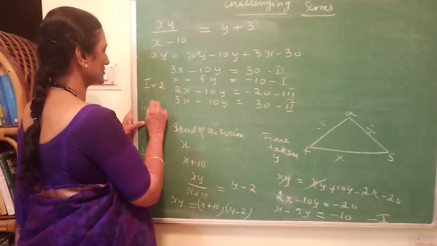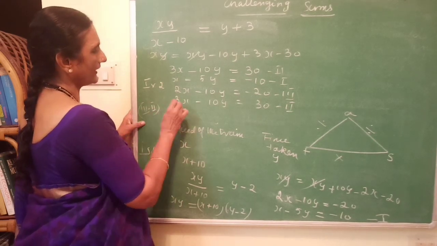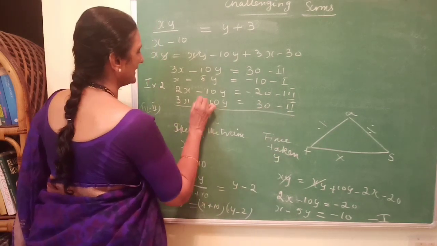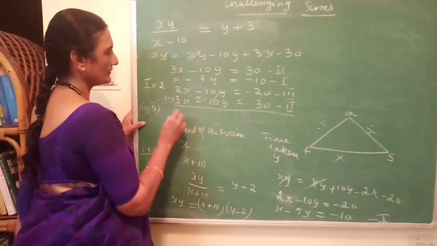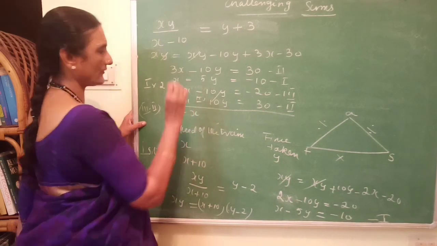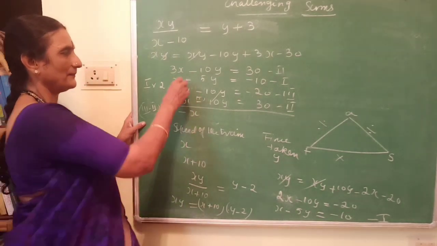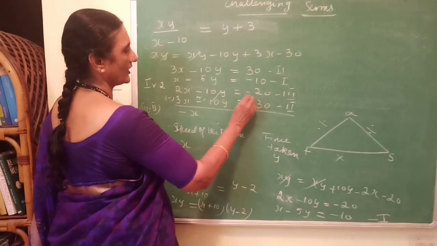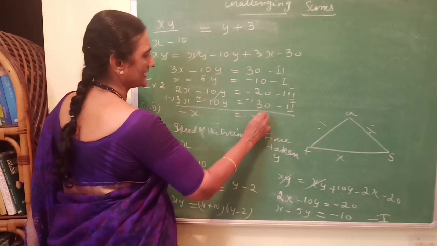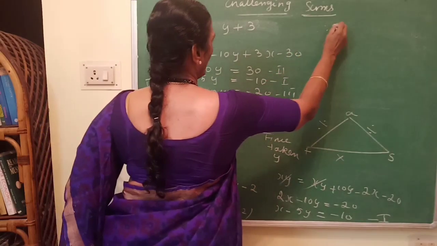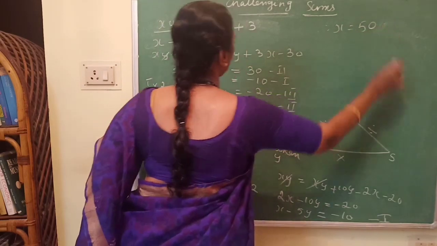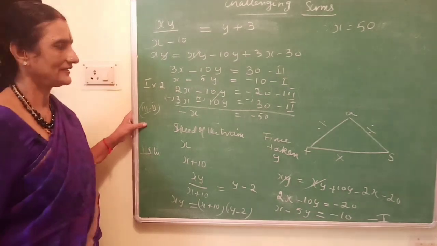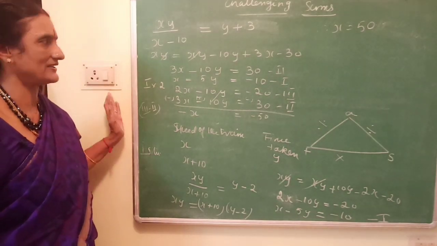Subtracting, the sign will get changed and you will get minus x. Minus x is equal to, on changing the sign, minus 50. Therefore, x is equal to 50 kilometers, or 50. Afterwards, you can write the units. That's the first answer.